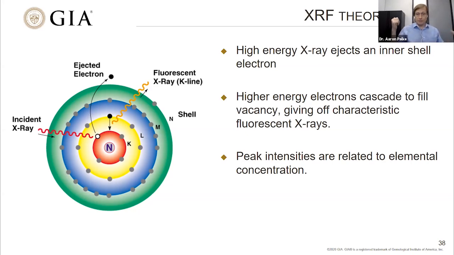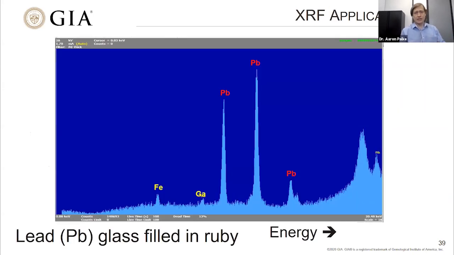And the way this technique works is that each atom has its own characteristic set of frequencies at which these X-rays are emitted when you hit that atom with an X-ray. So here's an example of an output you would get from an X-ray fluorescence instrument. You would have these peaks at different discrete energy levels.